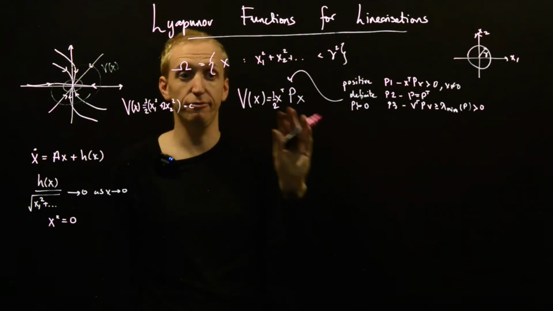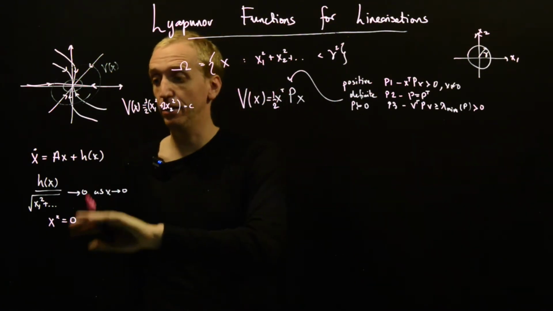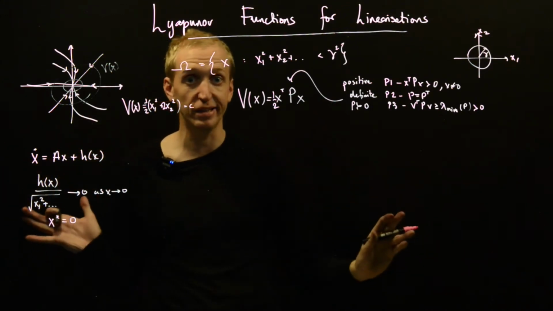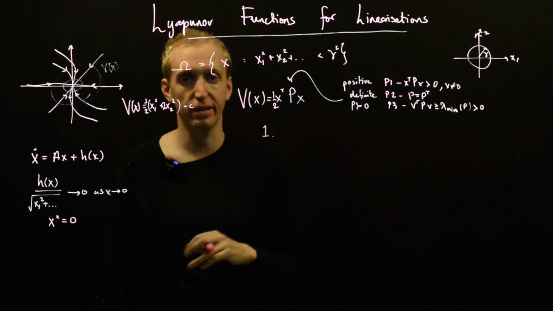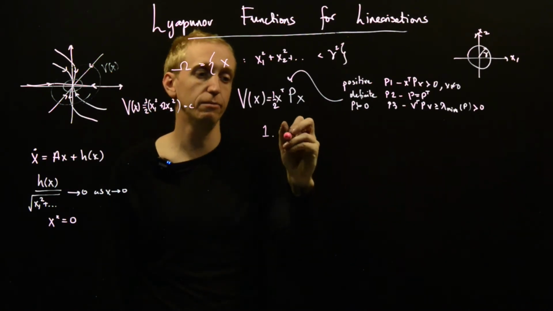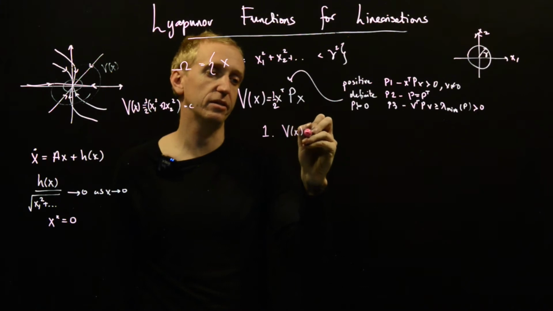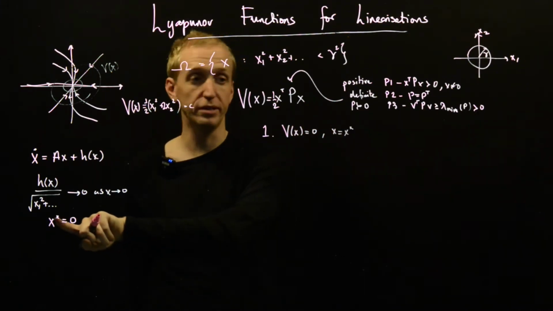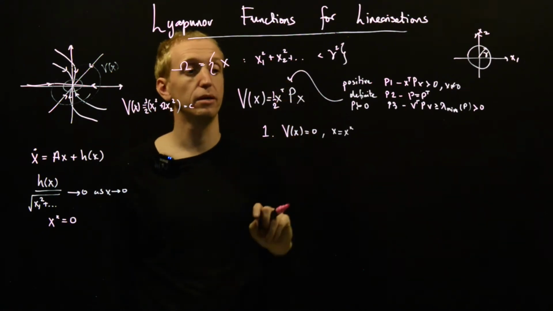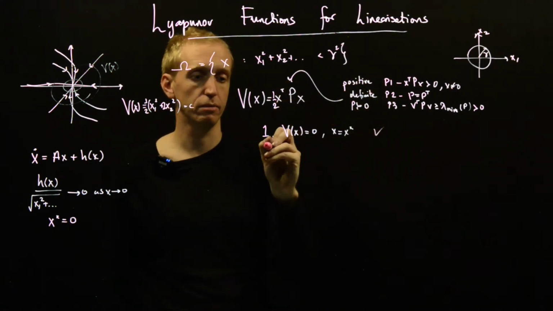So we have a Lyapunov function, we have a region, we have an equilibrium point, we have some dynamics, we're now ready to go. So let's start with our recipe for applying the Lyapunov theorem. First thing we need to do is check that V of x is equal to 0 at x equal to x star. Our equilibrium point is at the origin, I put 0 in here, I get 0. Tick.